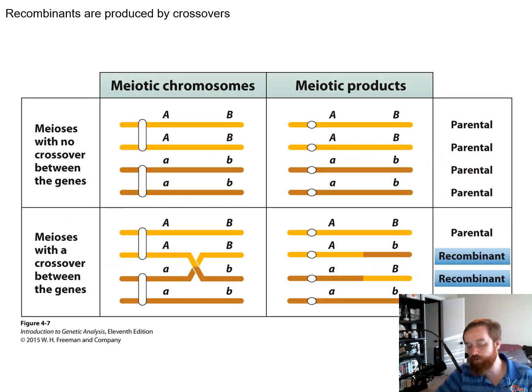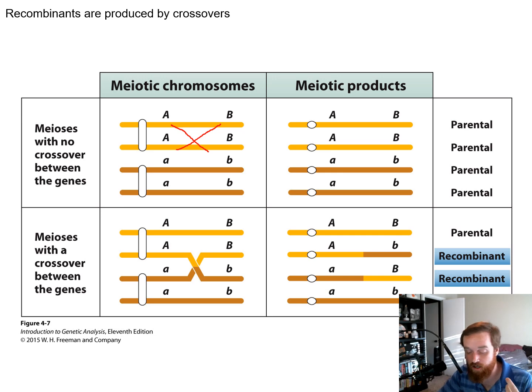So here we have a recap of crossing over, and it's important to remember that recombinants are the result of crossing over between non-sister chromatids. Because if there was a crossover, say right here, between these 2 chromatids, we would have the exact same outcome, right?